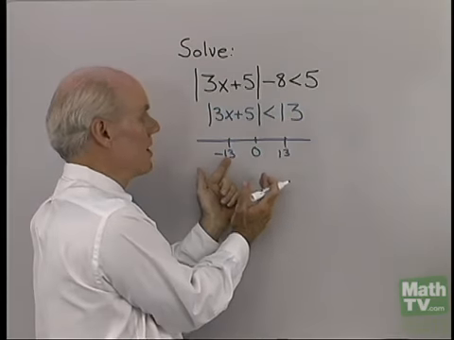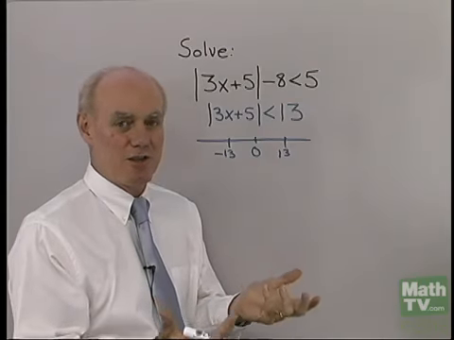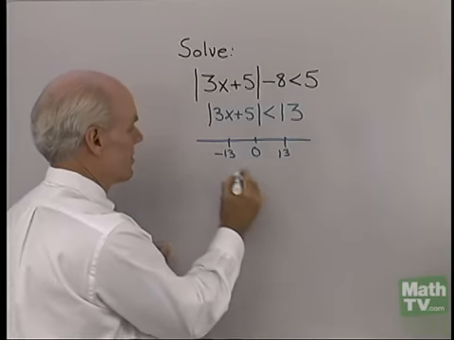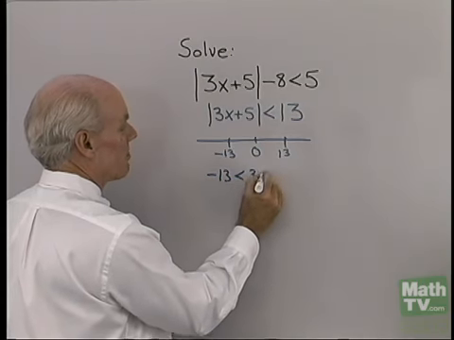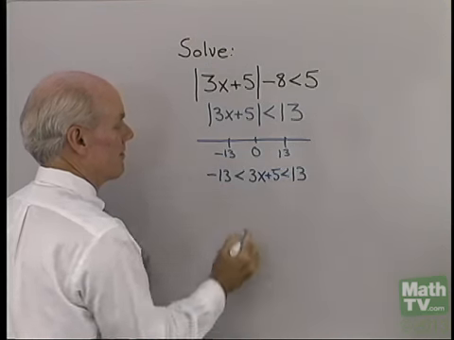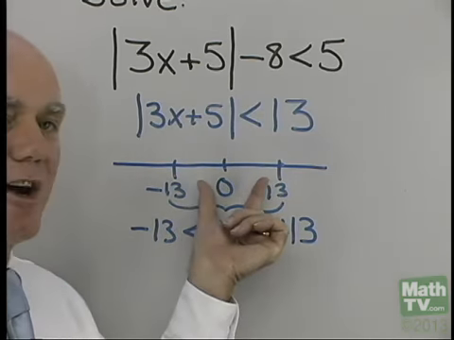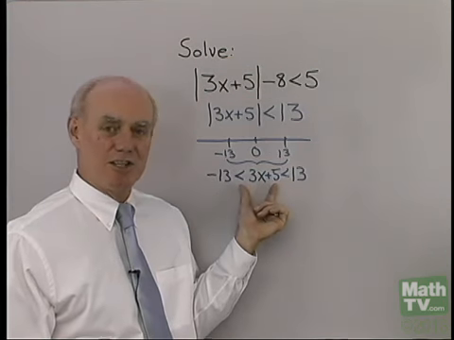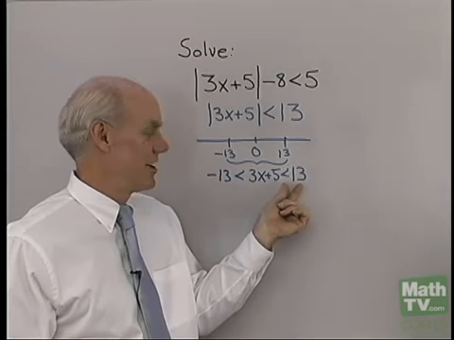It's got to be between negative 13 and positive 13. I can write that very easily using my continued inequality expression. So negative 13 less than 3x plus 5 less than positive 13. That will translate into this continued inequality.